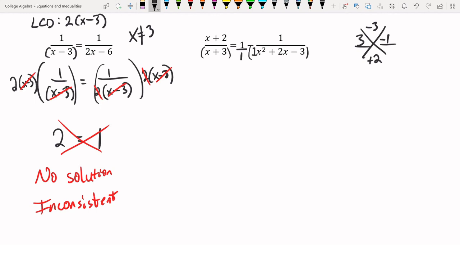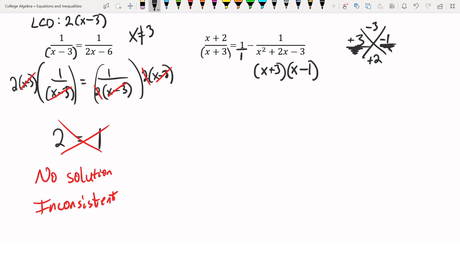That's going to have to be the 1. 3 times -1 gives us -3, and 3 minus 1 gives us +2. We can immediately factor this into x plus 3 and x minus 1. That's the shortcut method that I've shown before in other videos.